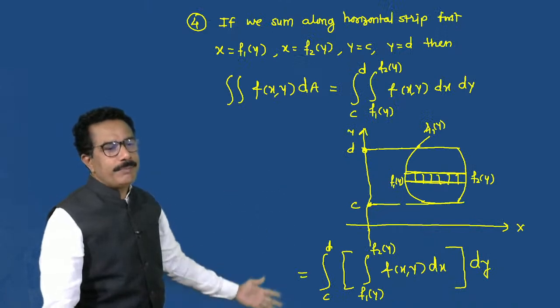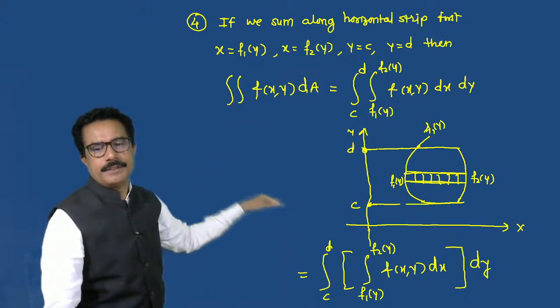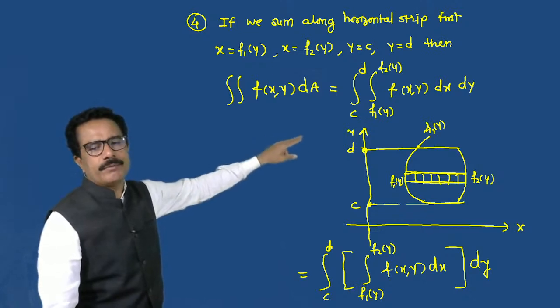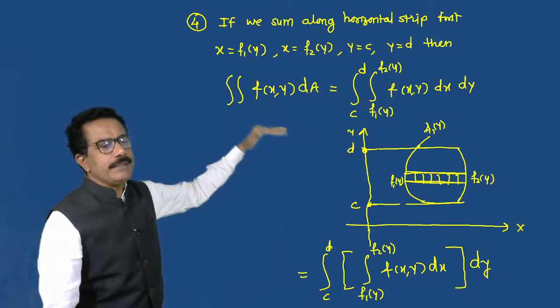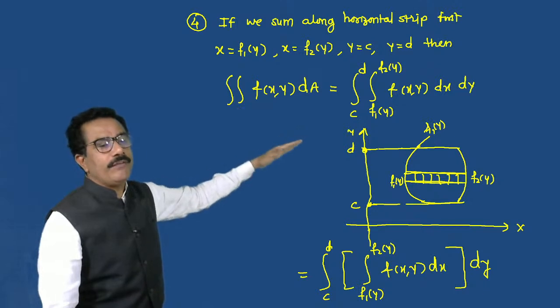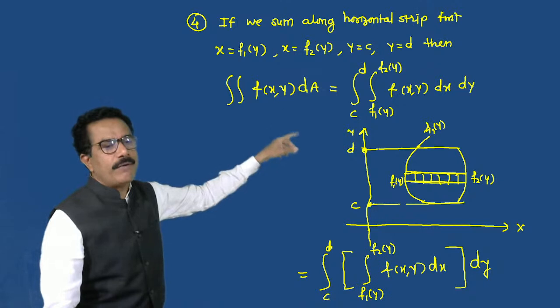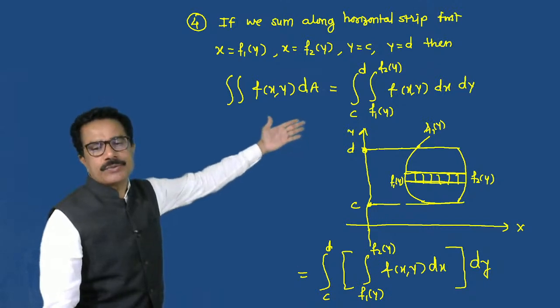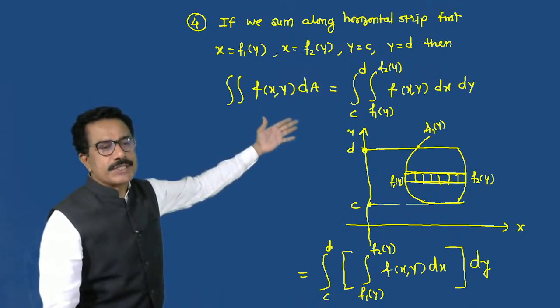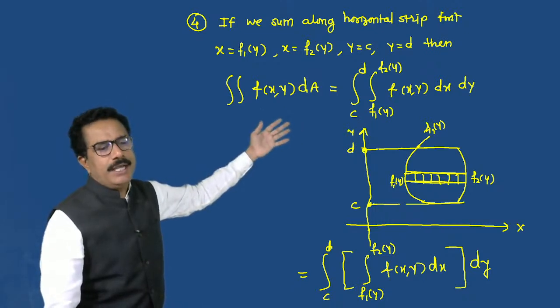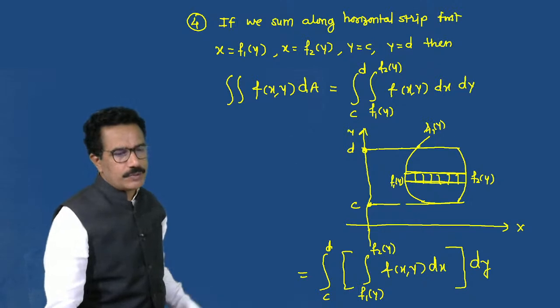If the strip is horizontal, then we can write the double integral from c to d, integral from f1 of y to f2 of y, f of x comma y dx dy. In this case we have to take first integration with respect to x by keeping y constant, and then integration with respect to y in this way.